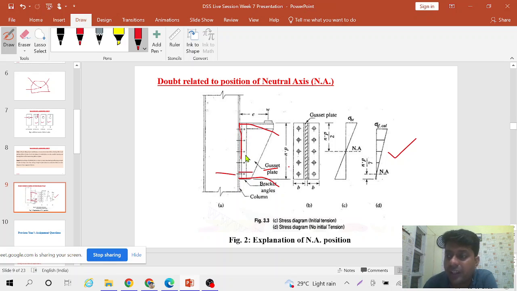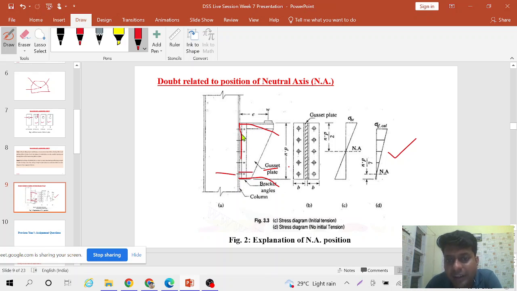But if you visualize how load will transfer, in the compression part, this bracket plate is compressing this column flange directly, so your bolts are not transferring this compression. But in the tension case, the tension will be passed through your bolts only. Can you visualize what I am trying to explain here?